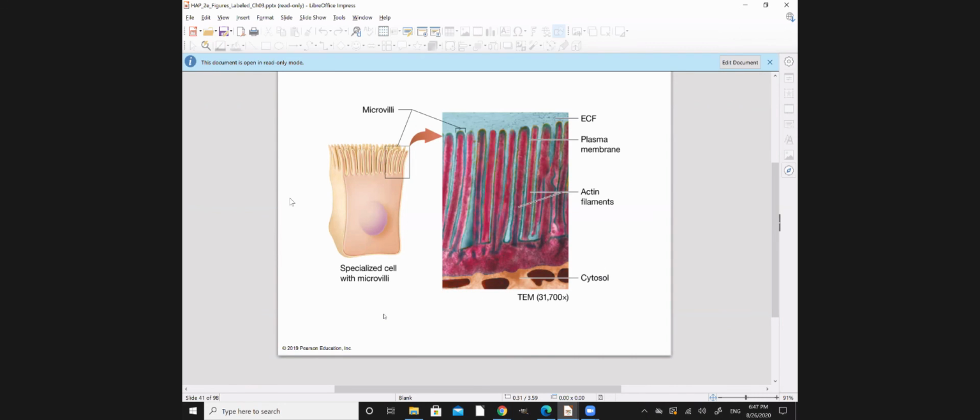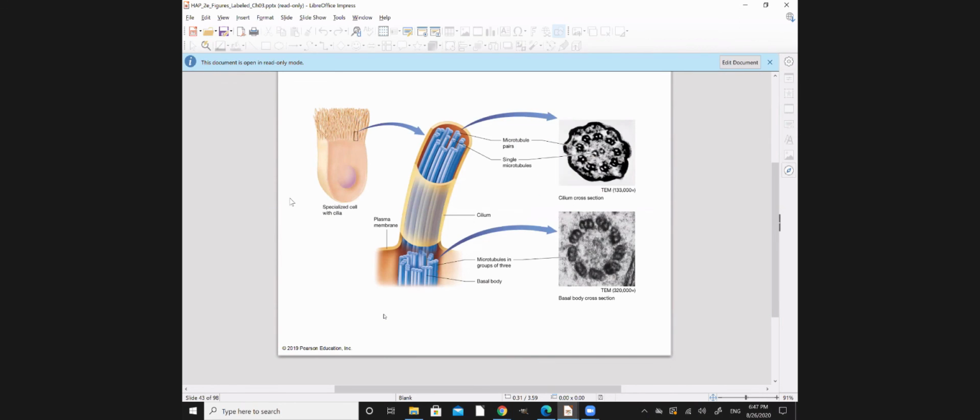What can we find inside of this cytoskeleton? We can find the actin filaments, and we have intermediate filaments and microtubules. They are all just different in size.